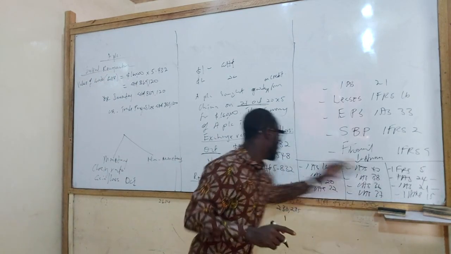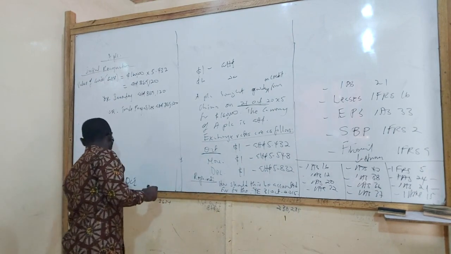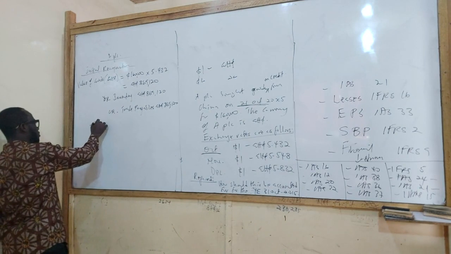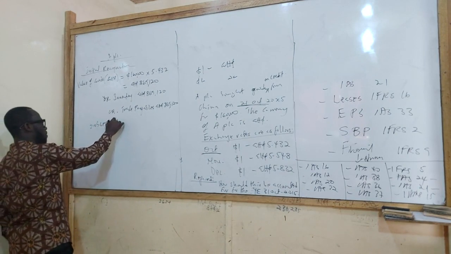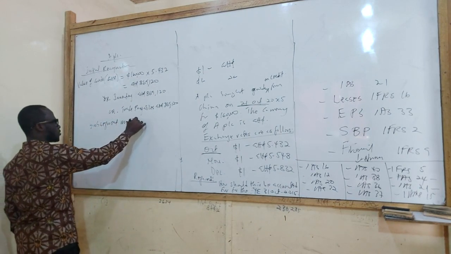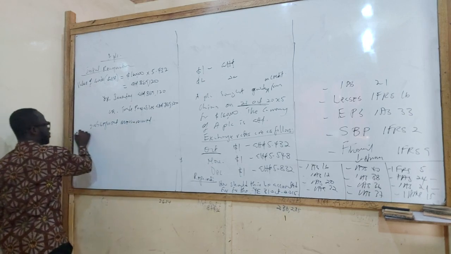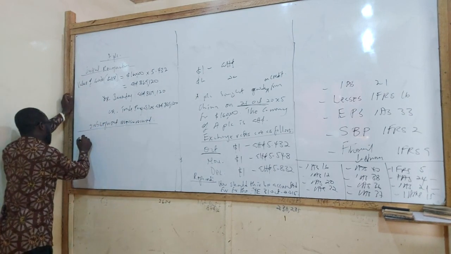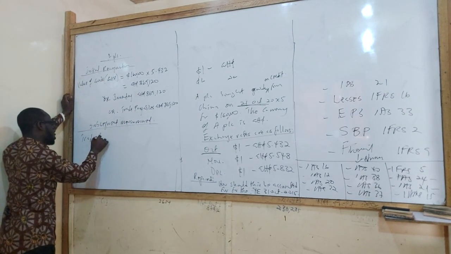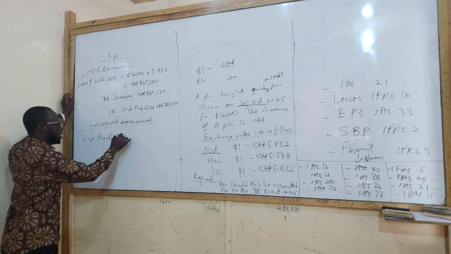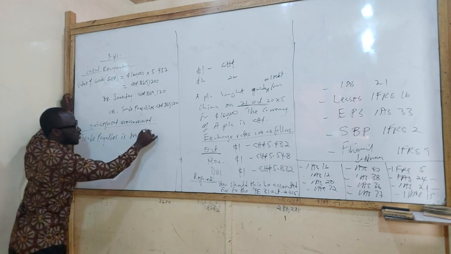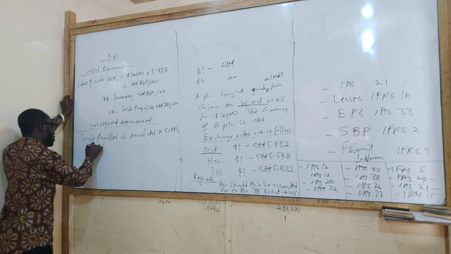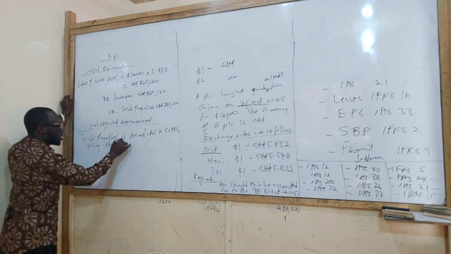So let's look at the subsequent measurement. The trade payables is translated to the statement of financial position using the closing rate.